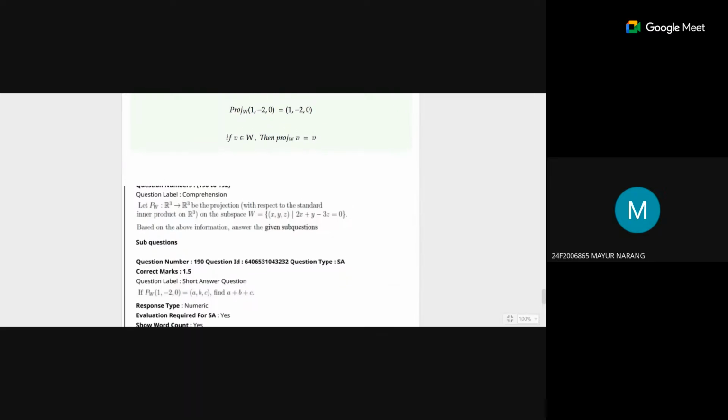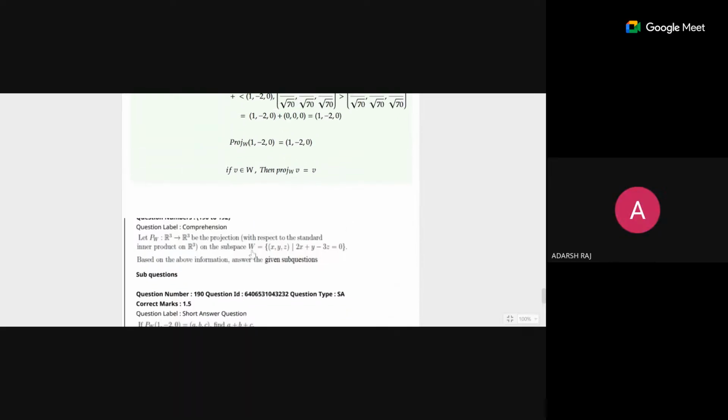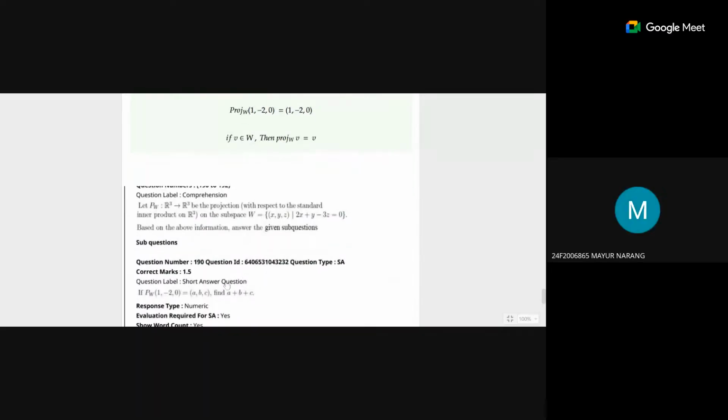You were telling that this vector already lies on this plane, so we don't need to do the projection. But here the scenarios are not connected. So here, when the vector space is equal to W, we don't need to do the projections. Okay, understood, got it.